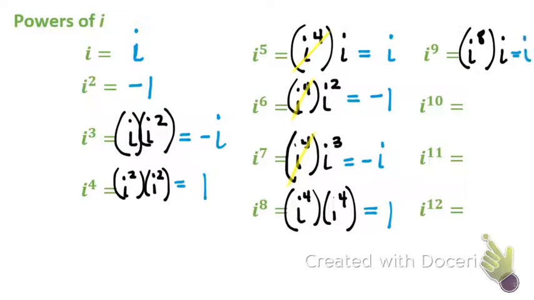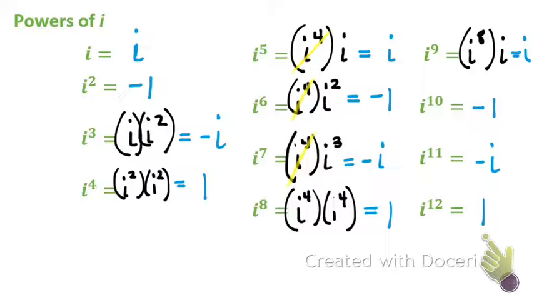Just i. i to the 10th is i to the eighth times i squared, which is -1. i to the 11th is i to the eighth times i cubed, which is -i. And i to the 12th is i to the fourth 3 times, which is 1.